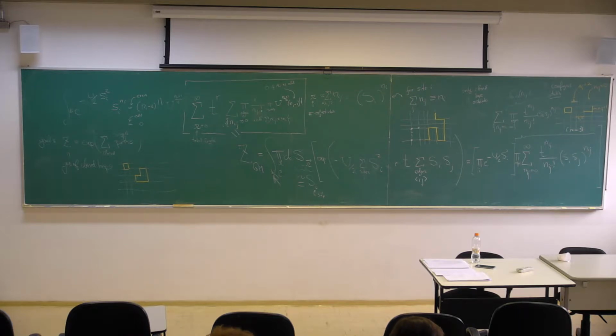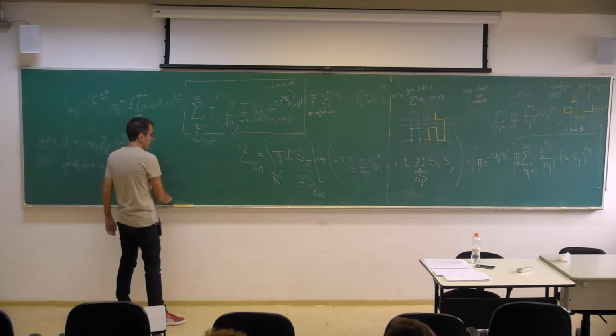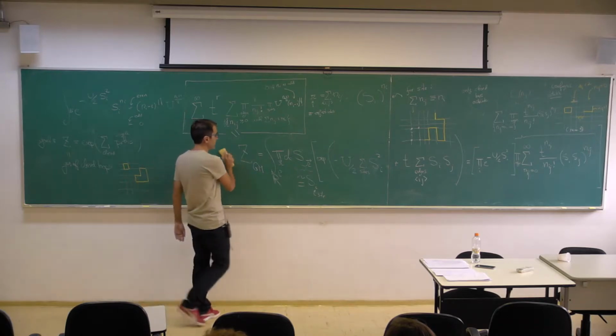At each site, ni in this case is equal to 2 or 0: 2 if it's on a yellow line, 0 otherwise. But it's two loops, not one loop. So now it's just a question of combinatorics, and I'm going to show you the first few terms, and seeing them you'll be convinced that it works.